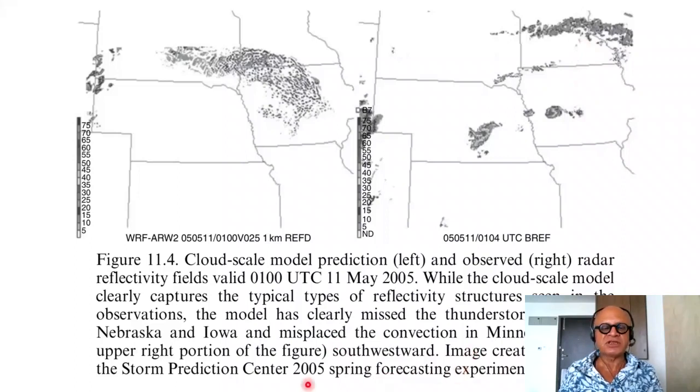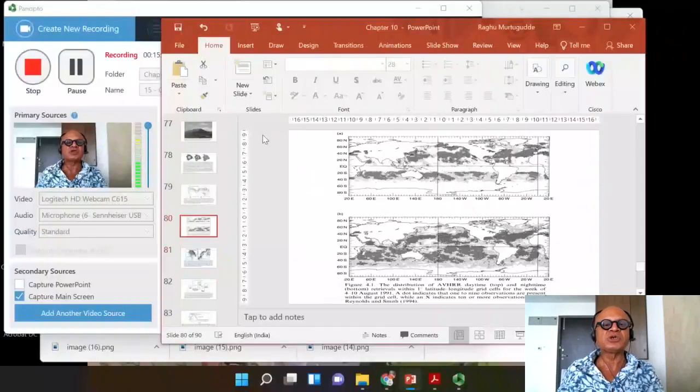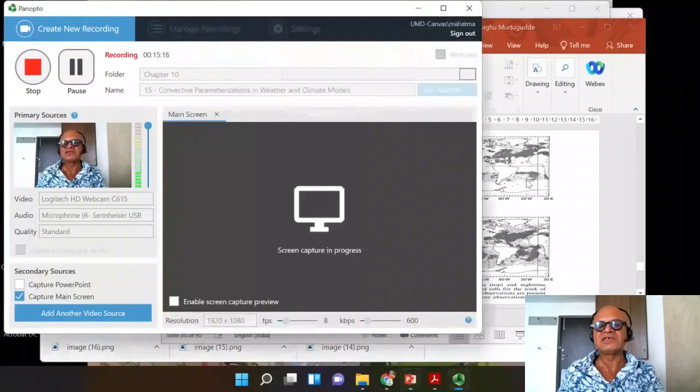So as I said, the forecast may call for some activity in snowfall or sleet and so on here, whereas the observations show that it is way off for Minnesota and for Nebraska and Iowa and so on and so forth. So tough business. So now there are cloud resolving models, cloud scale models, and so on. They tend to have very high resolution, high computational cost, and yet you can see such errors.